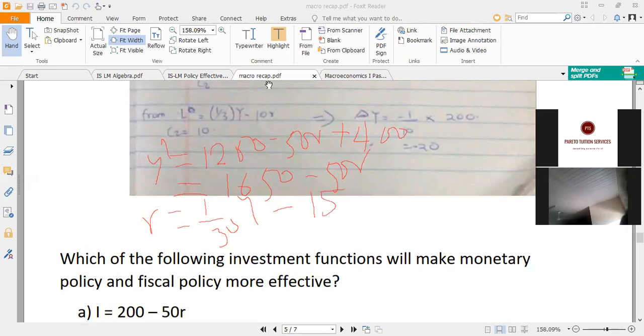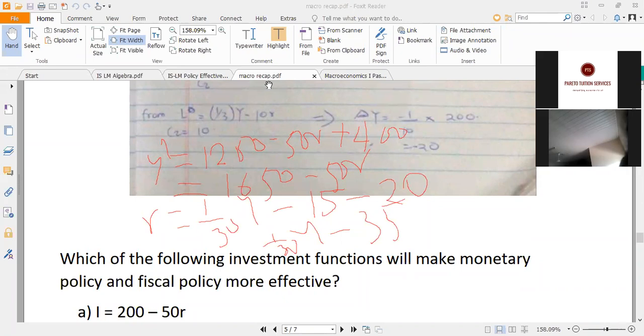And then the change in R resulting from the change in M was minus 20. So you just add your minus 20. So this should give us 1 over 30 Y minus 35.